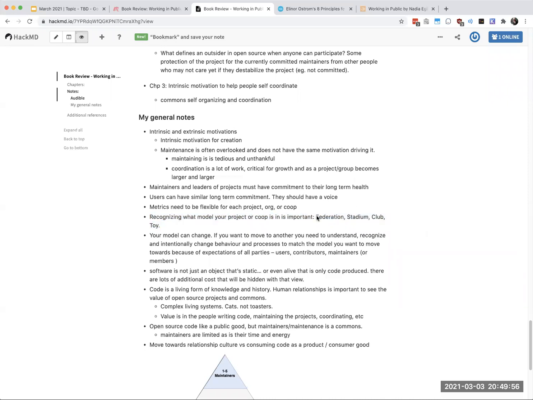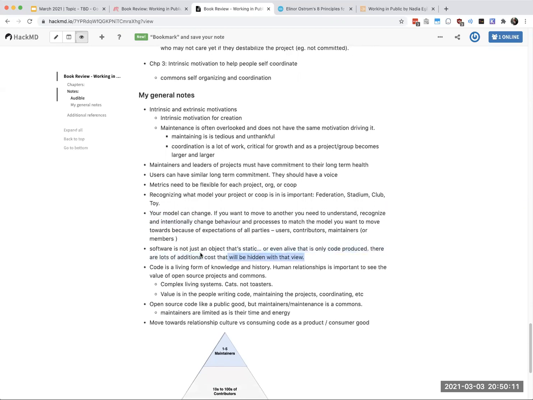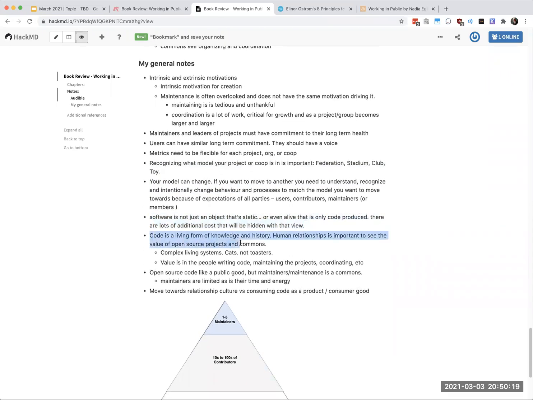I think it can have properties of all of these that are listed. Recognizing that, you can move around in the expectations. And I think this tied in with what you were just talking about as far as static versus alive, different costs.